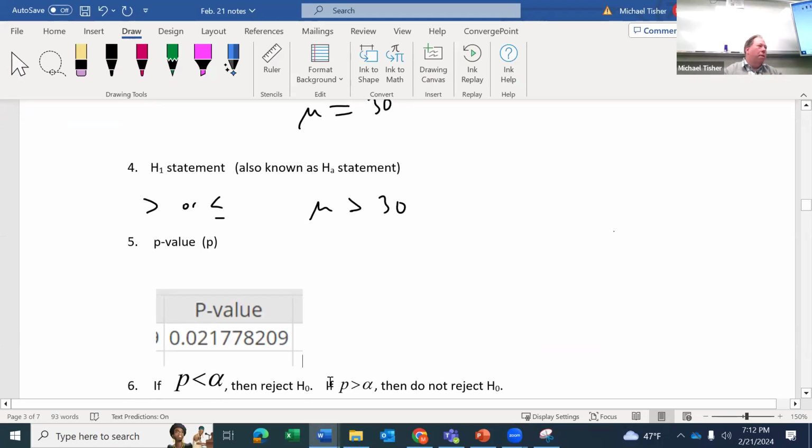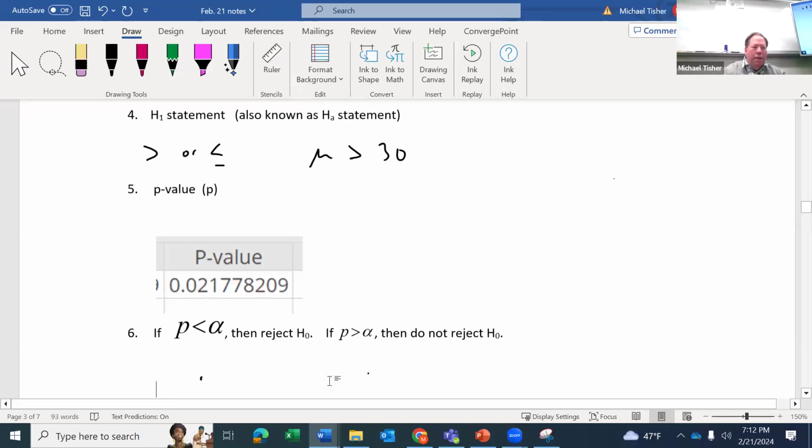Okay, so this is sort of like the probability that we get the results if H0 is true. In other words, we have about a 0.021 chance that H0 may be true. So what should we do? Well, this next thing on the checklist will tell us, okay?